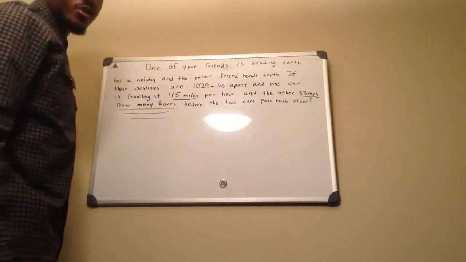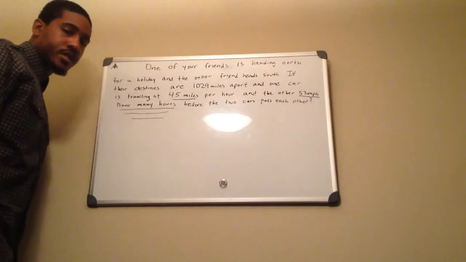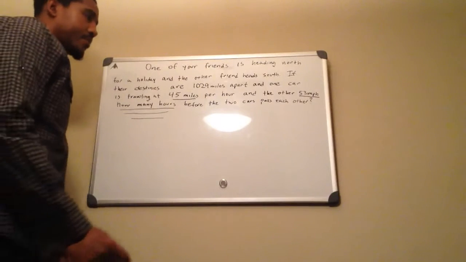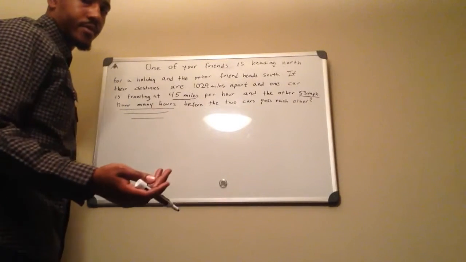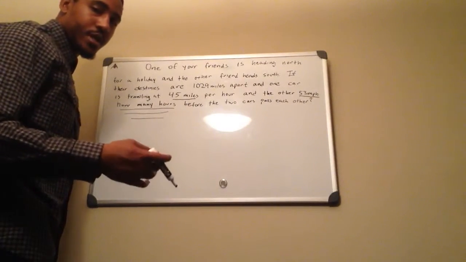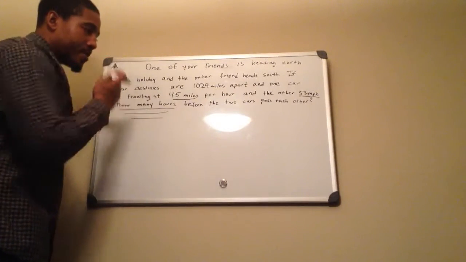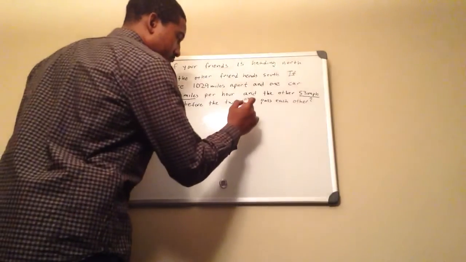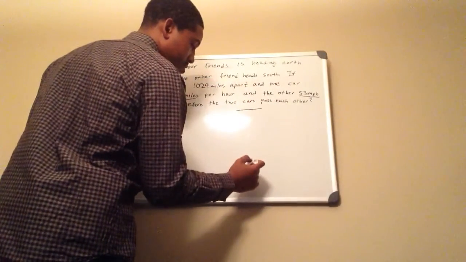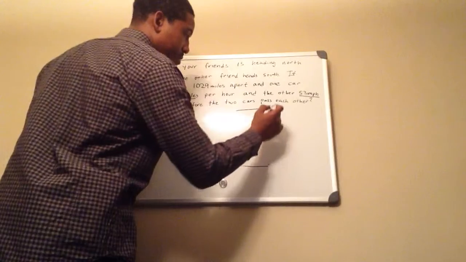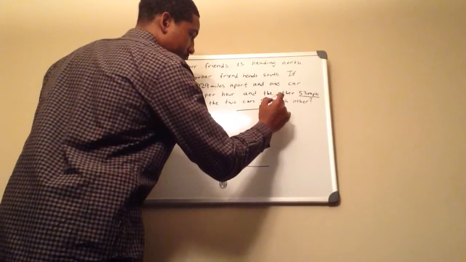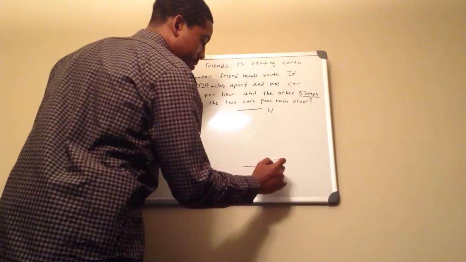So one thing I like to do in word problems is first write a diagram that displays what exactly the problem is trying to convey to me. So here there's a distance where you have one friend who is north and one friend who is south.